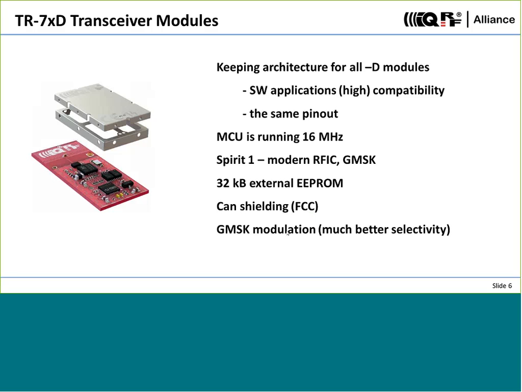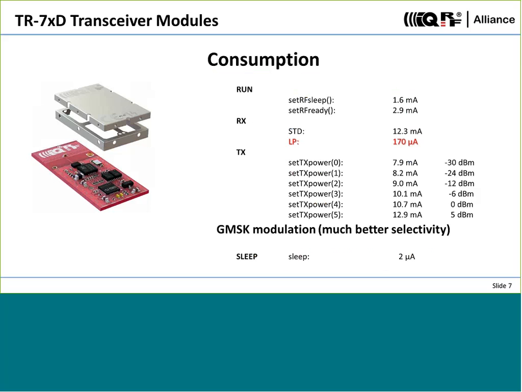One consequence of using a different modulation is that the red modules cannot communicate in one network with the blue modules. So blue modules and red modules cannot work in one network. But anyway, there's a very easy migration from the blue modules to the red modules. So it should be very easy for you to move to the red modules and much more modern communication.